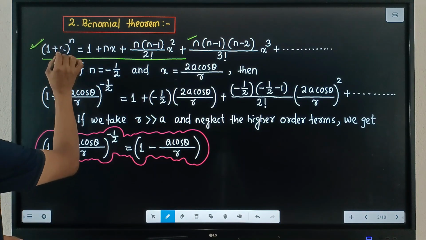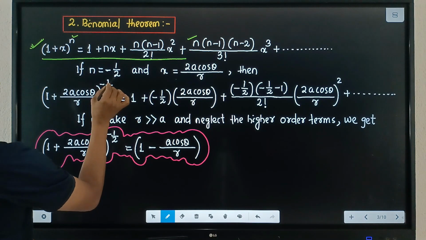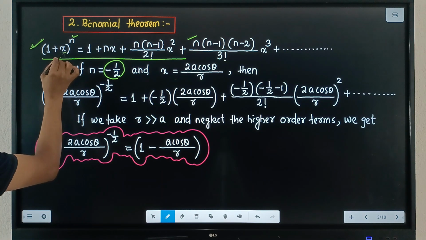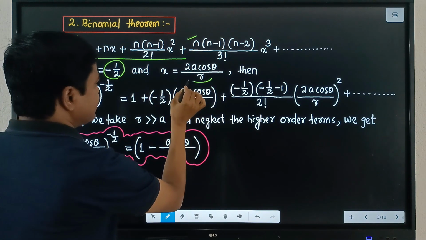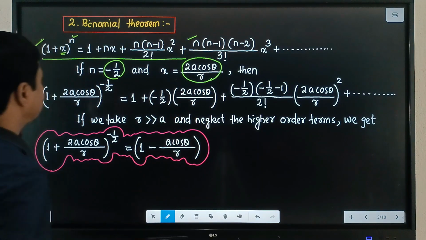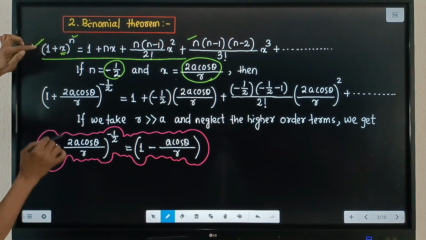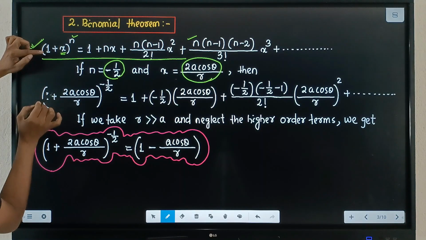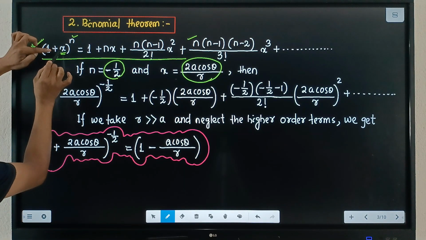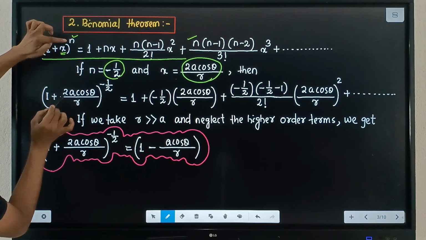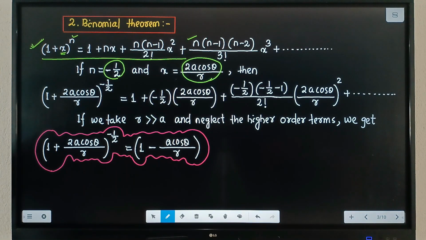And I apply the binomial theorem just like this. Suppose in place of n, we write minus half. In place of x, suppose we write twice a cos theta divided by r. So for 1 plus x whole to the power n, we write 1 plus, in place of x, twice a cos theta divided by r, and in place of n, minus half.